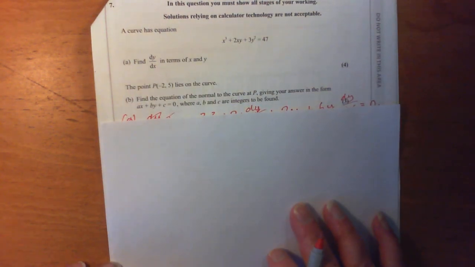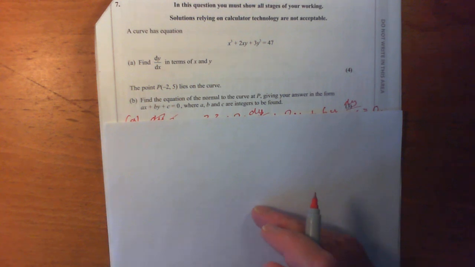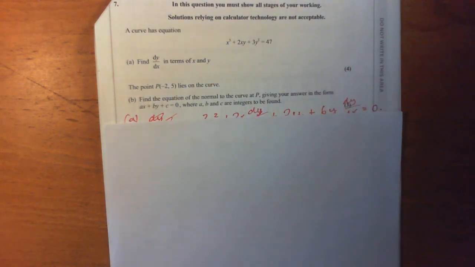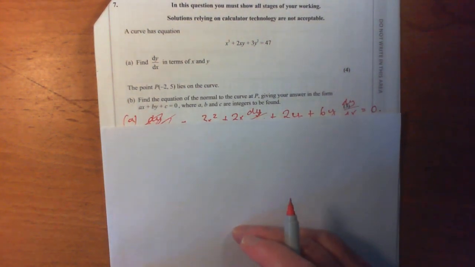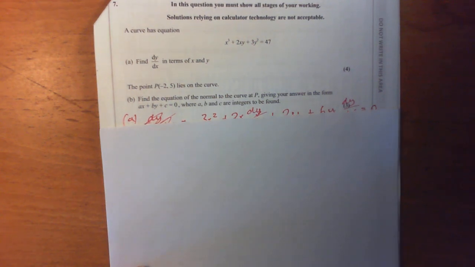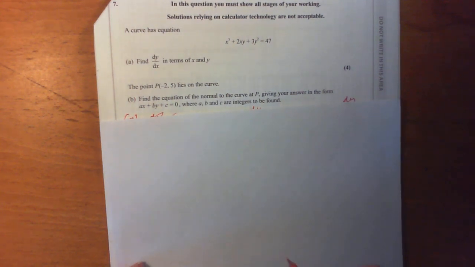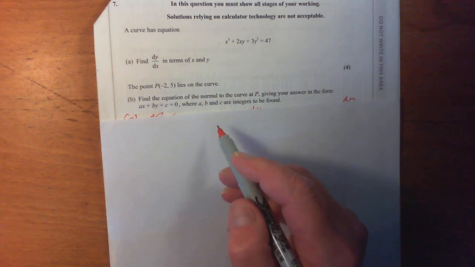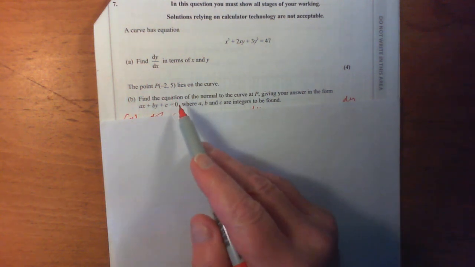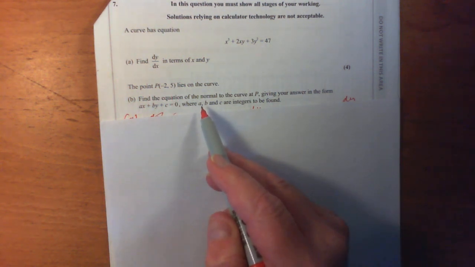This next bit, again, is quite a common question, so my remarks will probably be the same as I mentioned before. It says the point lies on the curve, find the equation of the normal.